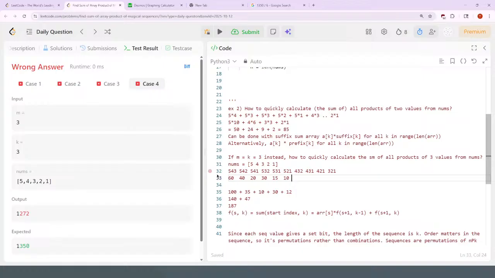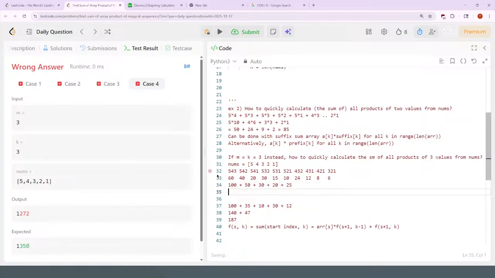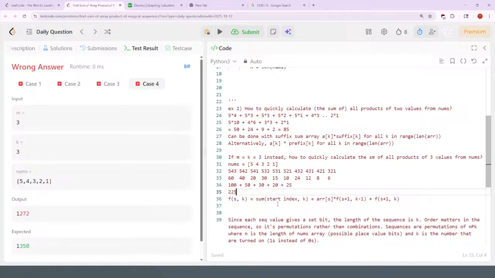Oh my god, I deleted a 30. 24, 12, 8, 6. 100, 50, 24, and 6, 12 is 30, 8 and 12 is 20, and then 15 and 10 is 25. So that's 100, that's 225. Okay, finally. The basic thing is there, even if I can't do the math.